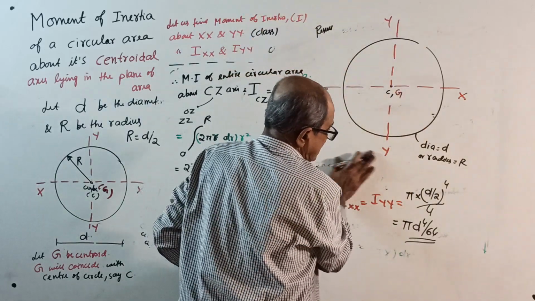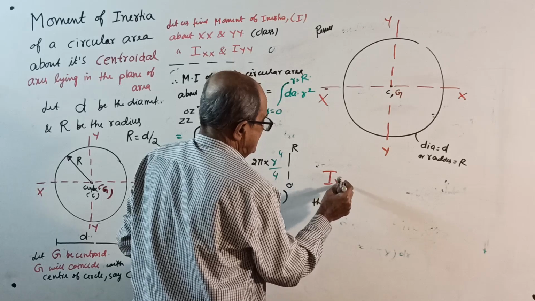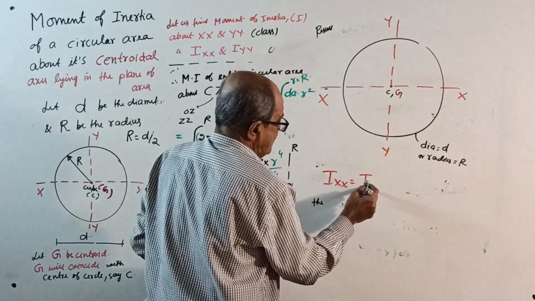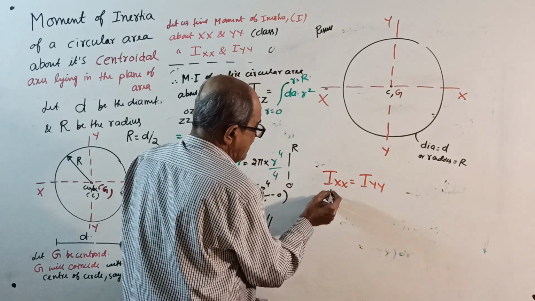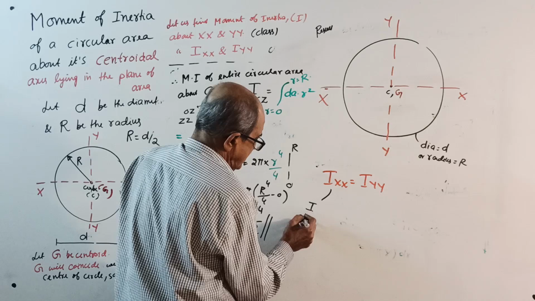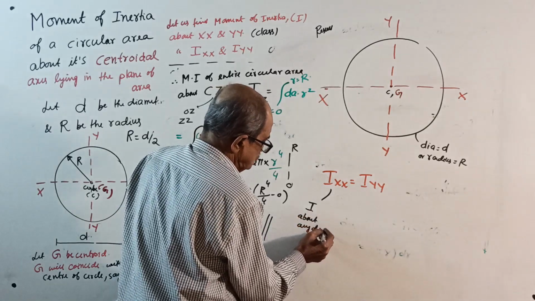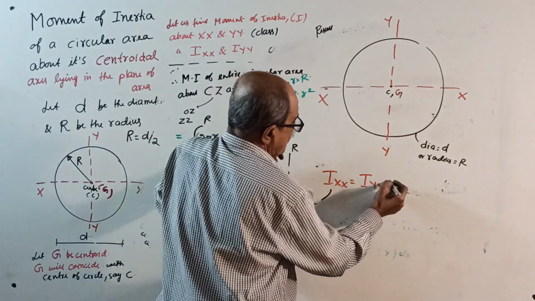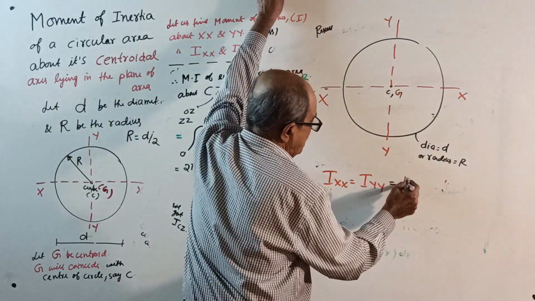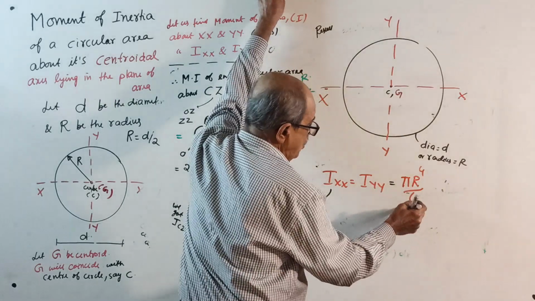Then the answer is, I about xx equals I about yy, or you can write I about any diameter, equal to, in terms of radius, pi r power 4 by 4.